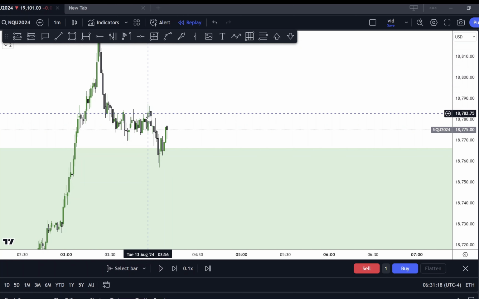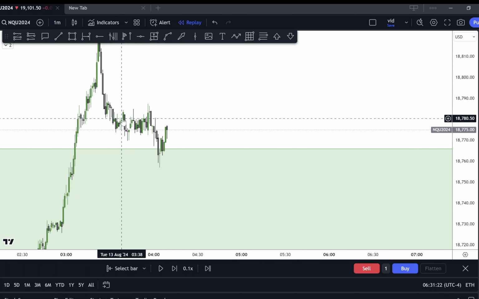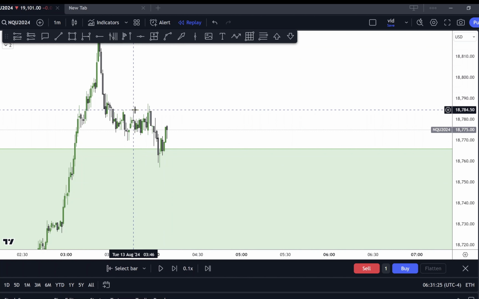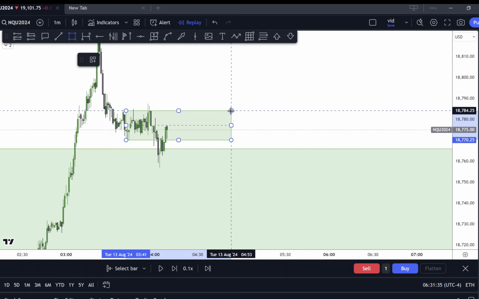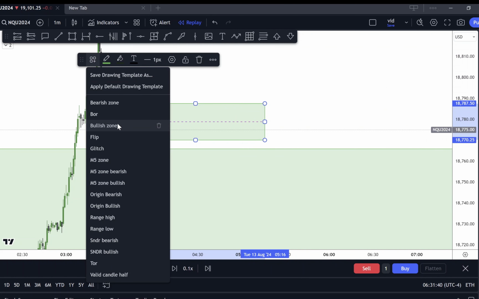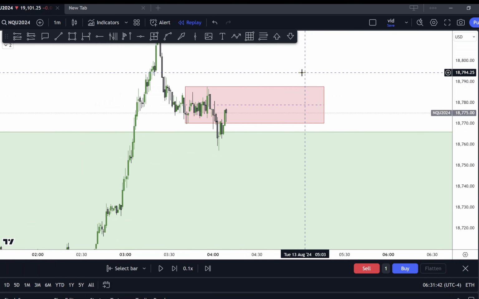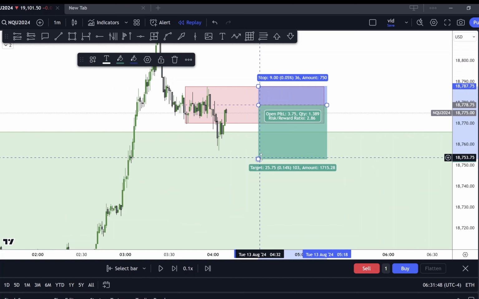Okay, and then we closed under it, and also we had dealing range. Why? Because we took this buy side liquidity and then took the sell side liquidity. When this happened, it's all I wait for before knowing that order flow now is changed, and I can take zone entries from this 50%.